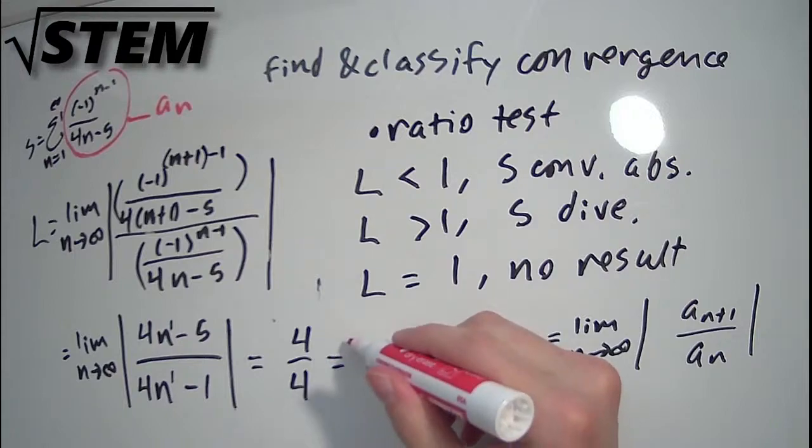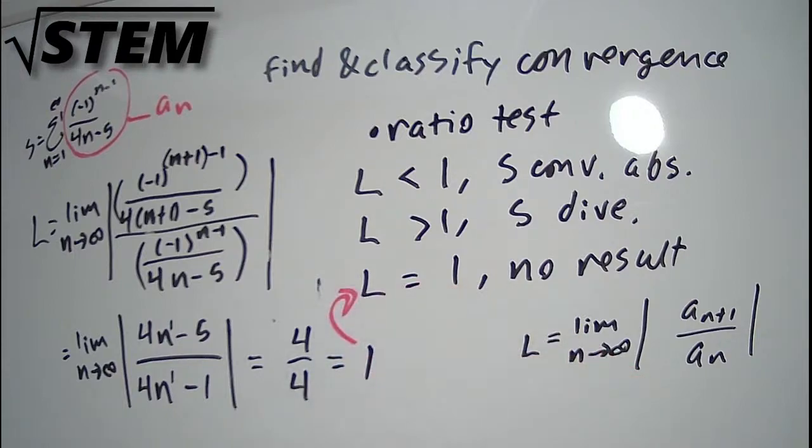So that means we get no result from the ratio test. So we actually need to try something else to find out how this series converges. I always default to the ratio test because it is usually the most useful one.